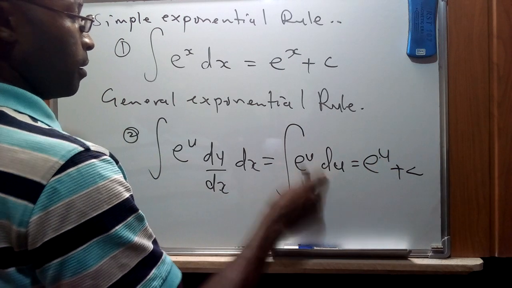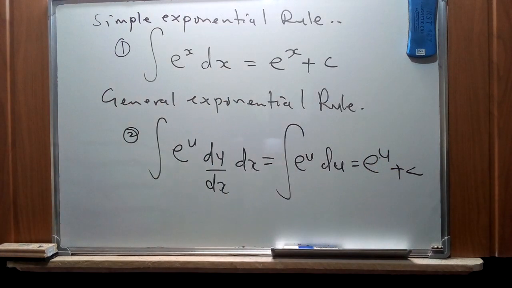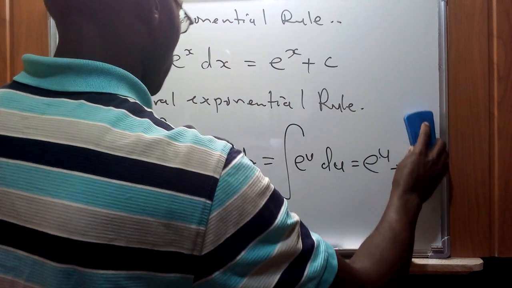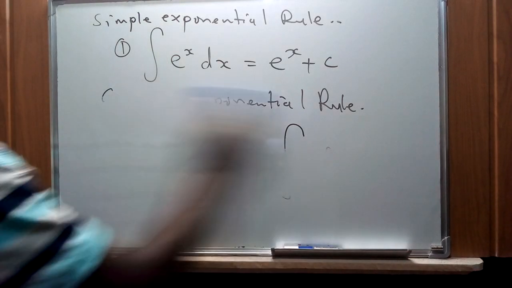We're going to use these two different forms in trying to solve our problems, so I'm going to put them down so that we can refer to them in solving our problems.